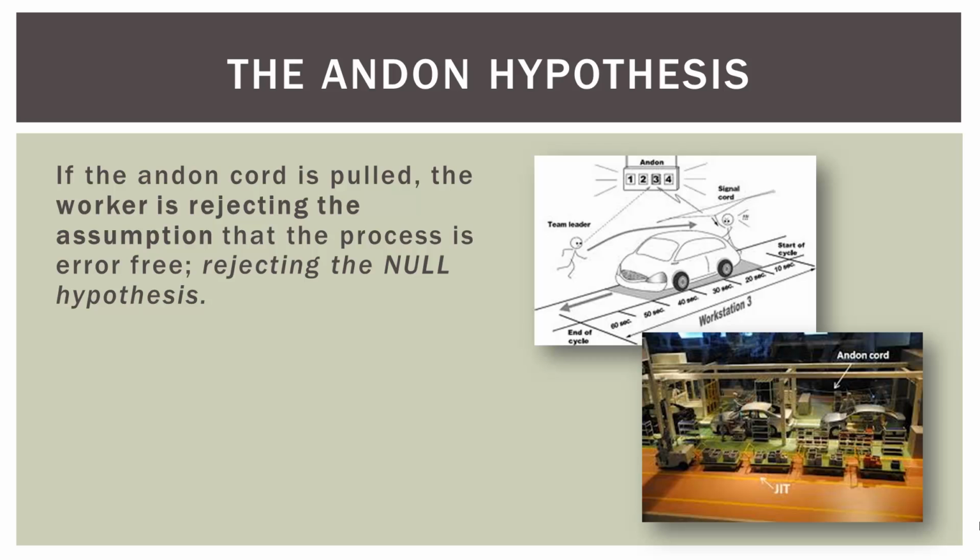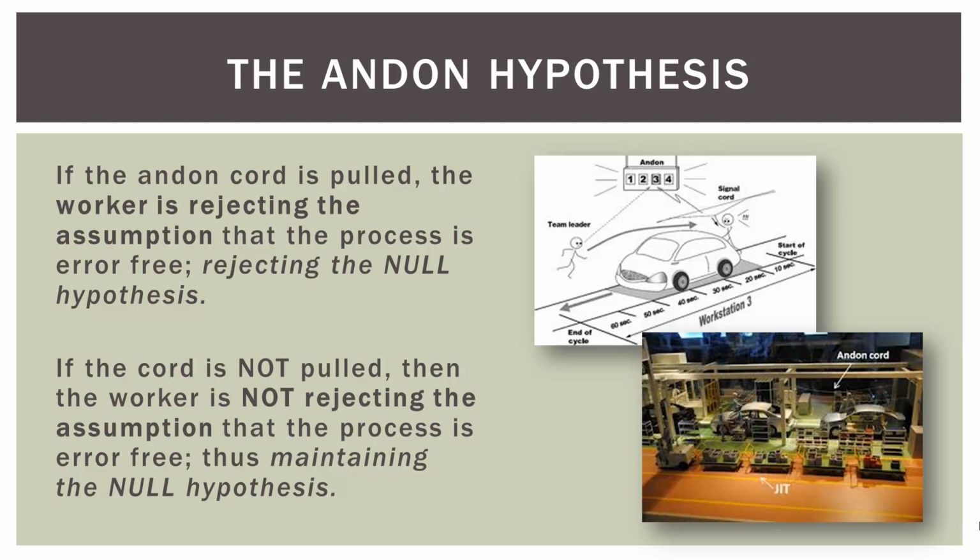They are rejecting the null hypothesis. They are rejecting the assumption that everything is okay. If the cord is not pulled, then the worker is not rejecting the assumption that the process is error-free, thus maintaining the null hypothesis, and the production line continues to run. So it's all about rejecting or not rejecting the assumption that everything is okay.